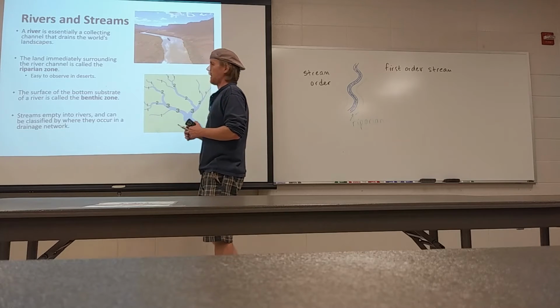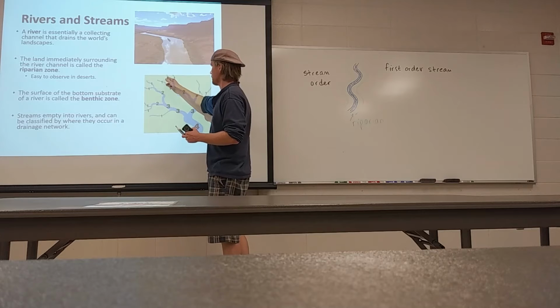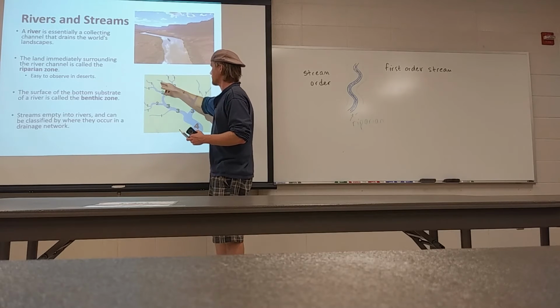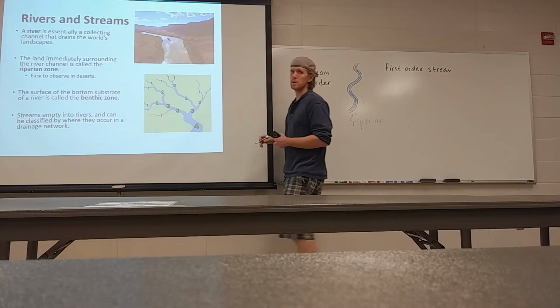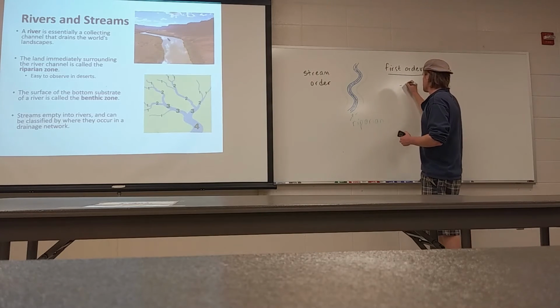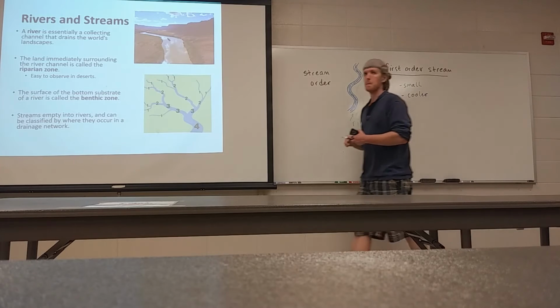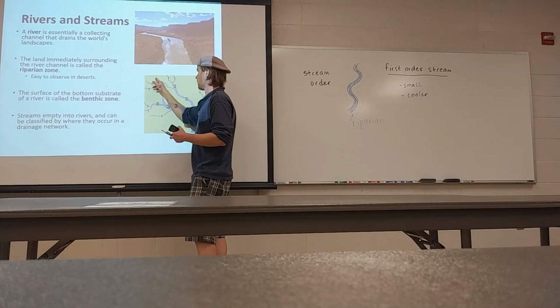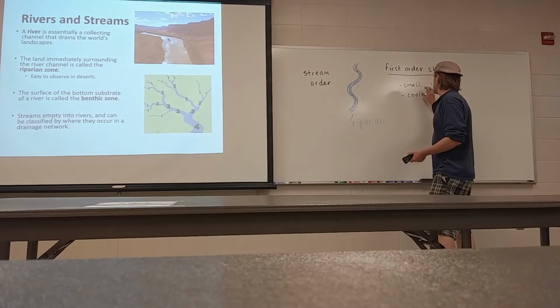Number 1 is on what's called a first order stream. Alright, these are the headwater streams. This is where ultimately the channel originates, and several of these first order streams will empty ultimately into what's called the second order stream. Characteristics of first order streams, again, they're quite small. They tend to be much cooler in temperature. There might be a spring at the origin of some of these first order streams, right?